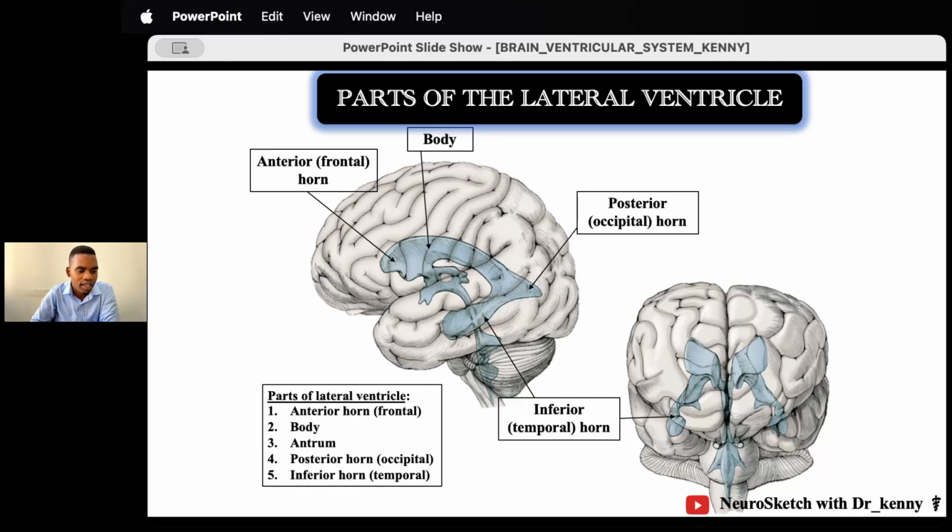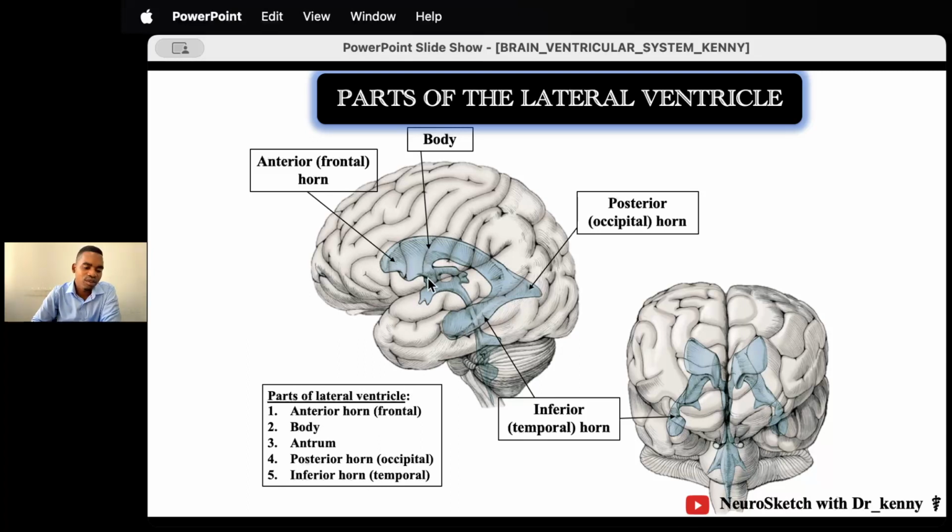For example, the anterior horn of the lateral ventricle is found within the frontal lobe, so it can also be referred as a frontal horn. So if someone says a frontal horn of the lateral ventricle, they are also meaning the anterior horn of the lateral ventricle. But the posterior horn is toward the occipital lobe, and so it's also known as the occipital horn.